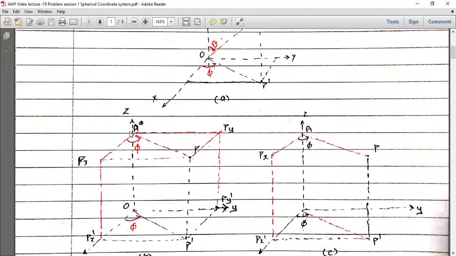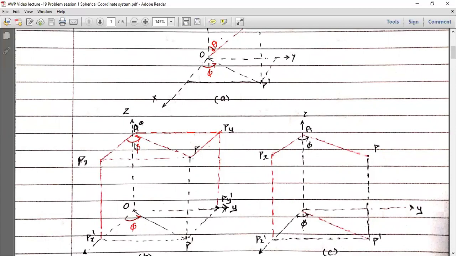Projecting point P on the Z axis, you will find the point A, and then the angle between AP and this plane, the XZ plane, will be the same, that is phi.